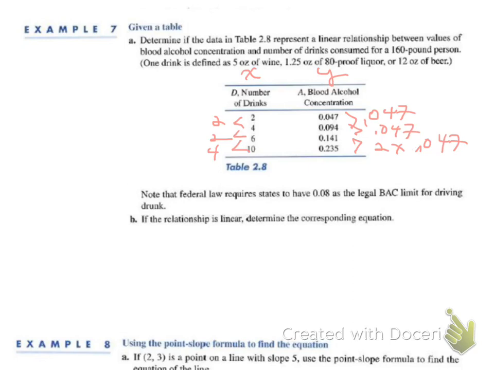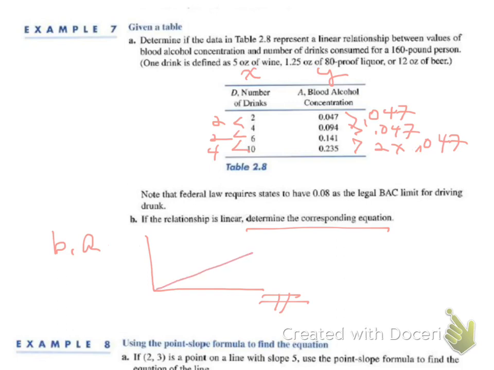Okay, determine the corresponding equation. Since it's blood alcohol, these are number of drinks, and this is blood alcohol levels. If I have 0 drinks, it's going to be 0 blood alcohol.